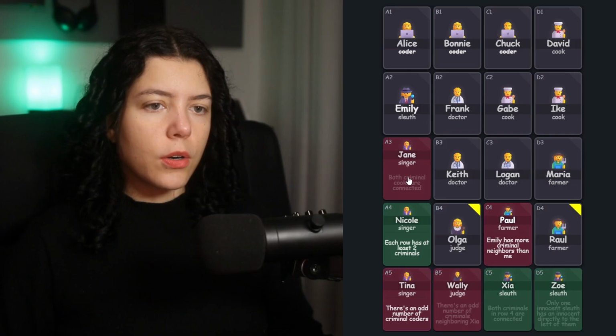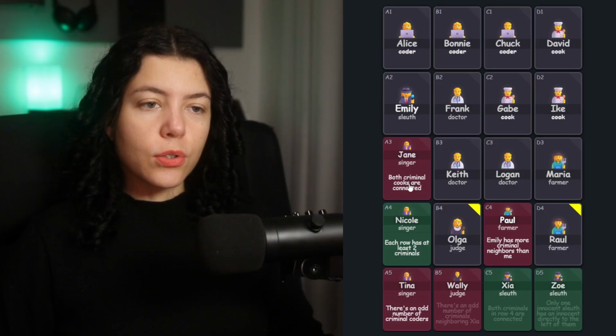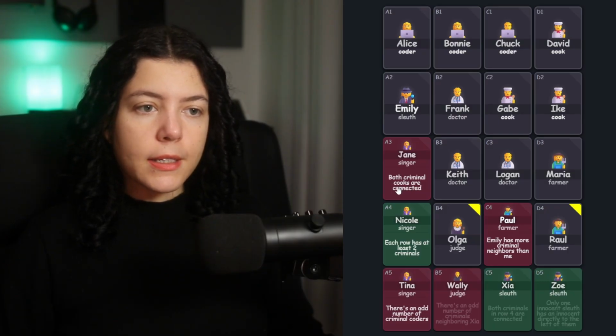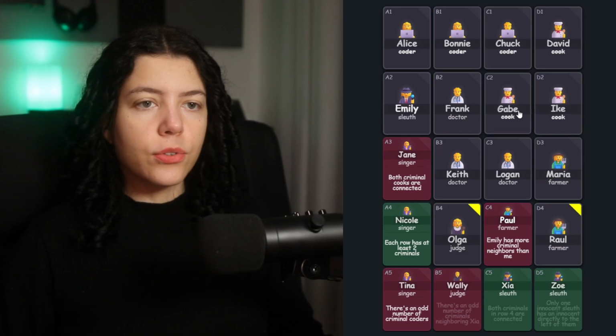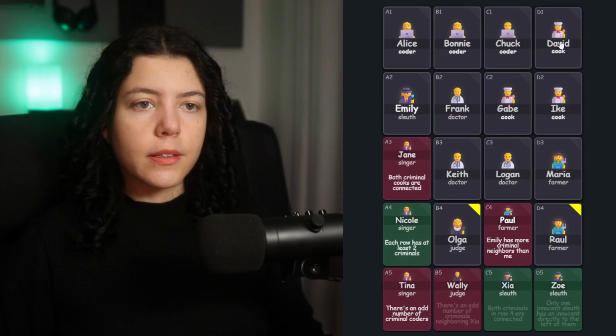So where are all the cooks? This is a very interesting clue, because since the cooks are in a sort of an L shape formation here, they can be connected either way.